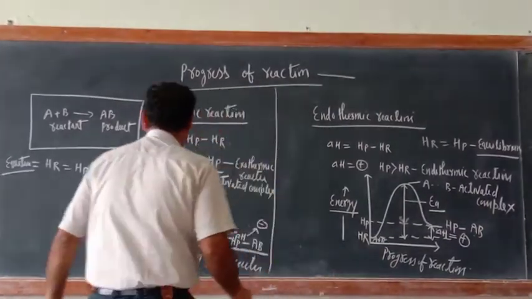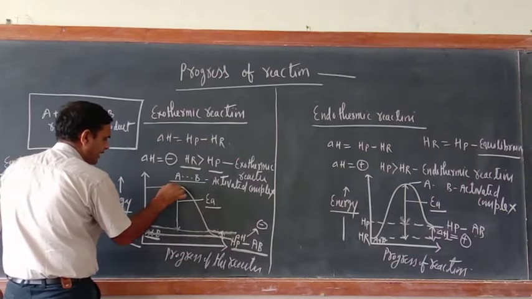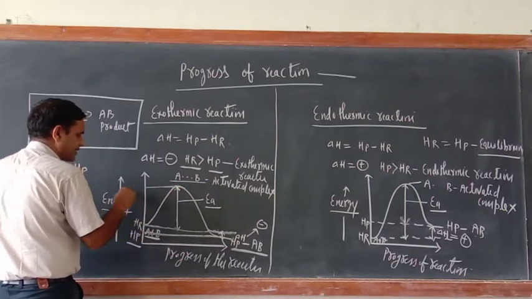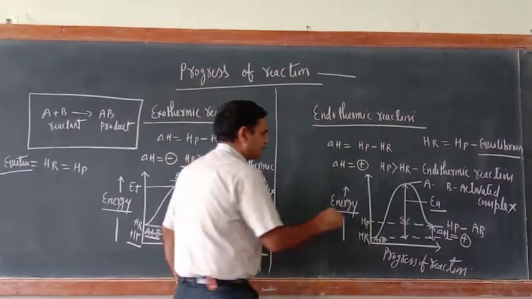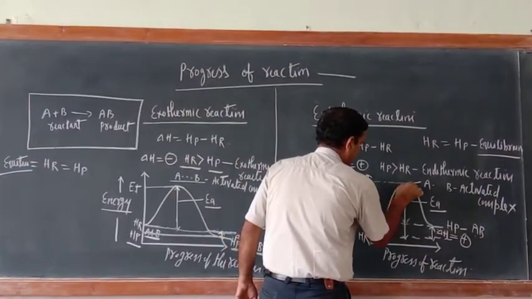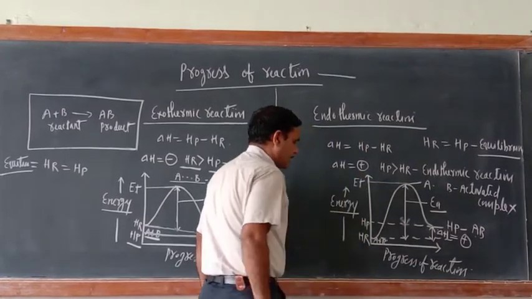And one more thing is here: activated complex is only formed when energy of the reacting species becomes equal to threshold energy. Here also you can make this ET, threshold energy.